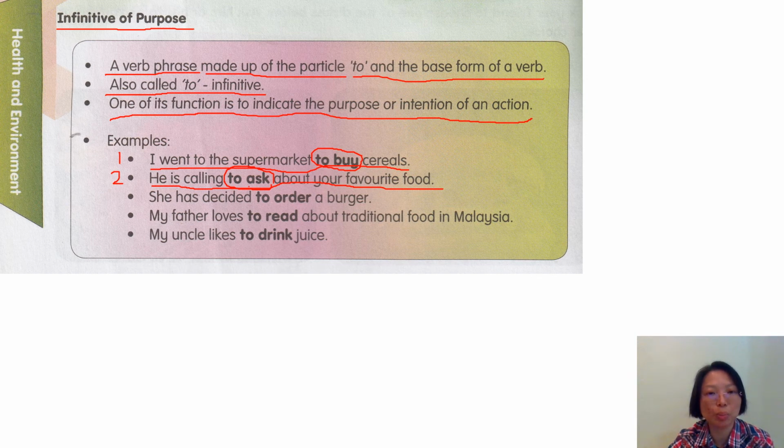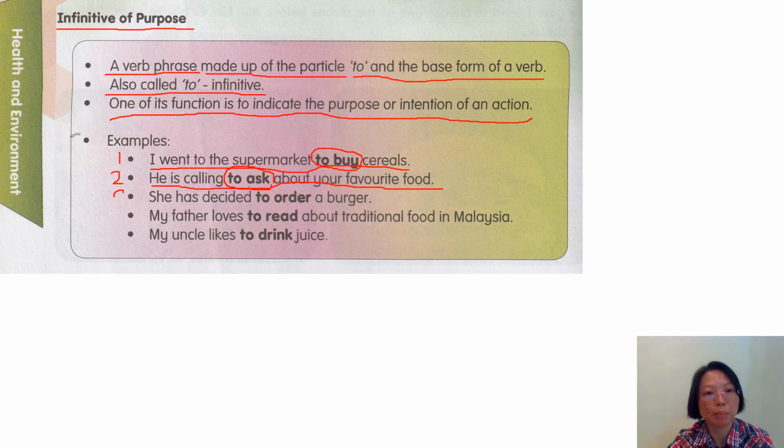So you don't put s, or you don't put ing, and you don't put ed to the ask. So in this sentence, it is telling people about the action of calling, and why he is calling. Okay, so he's calling to ask about your favorite food.